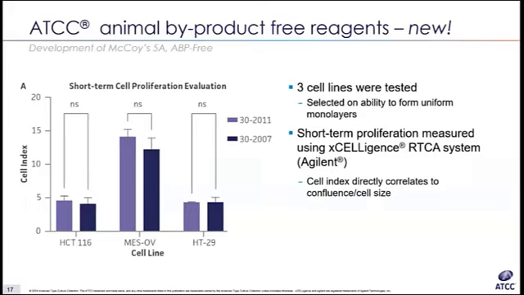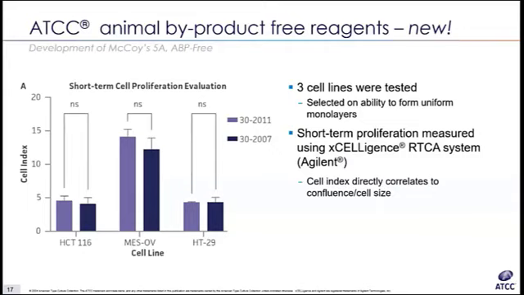To measure cell growth, cells were plated in 96 well plates and monitored for 48 to 96 hours. Cell proliferation was measured using the xCELLigence RTCA system by Agilent. The xCELLigence RTCA system utilizes electrical impedance as a tool to evaluate real-time proliferation, cell number, size, and shape. This impedance is reported by the instrument software as cell index.